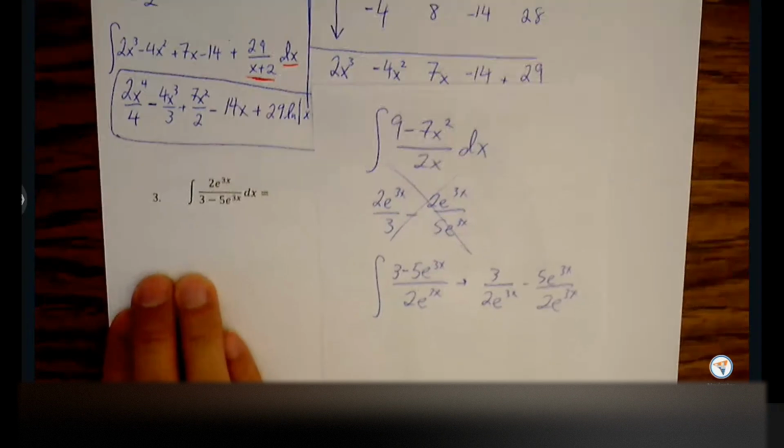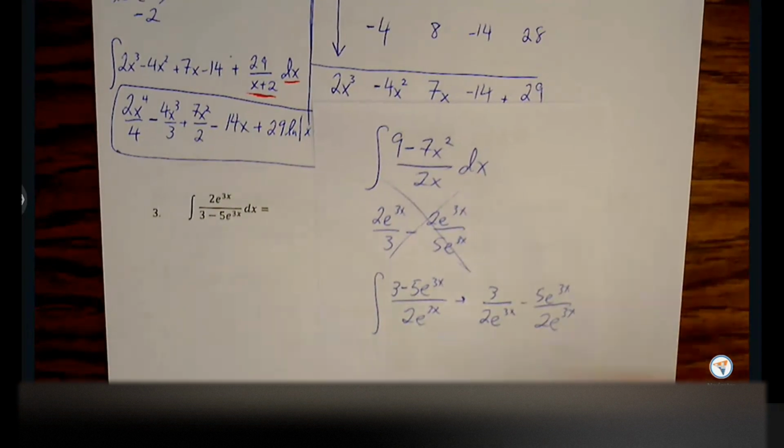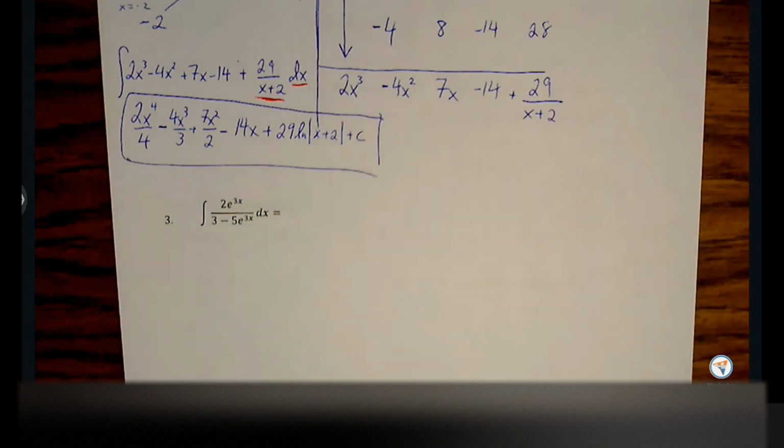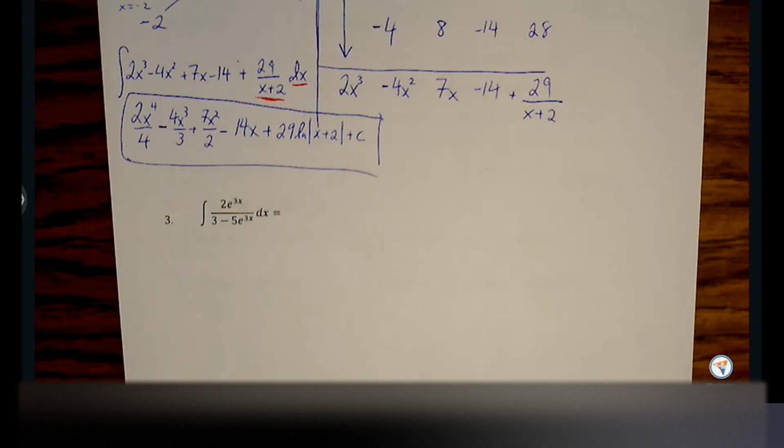Any idea what the U value could be here? You guys want to throw out a guess? Would it be 3 minus 5e to the 3x? Yeah.